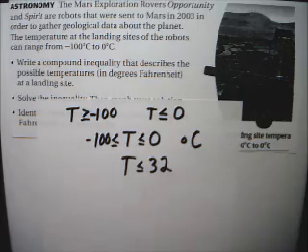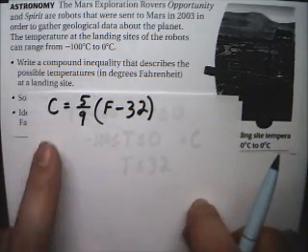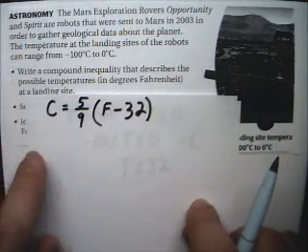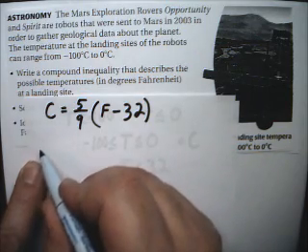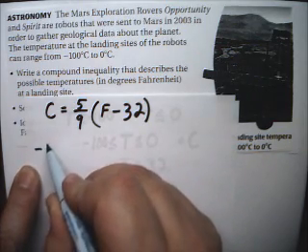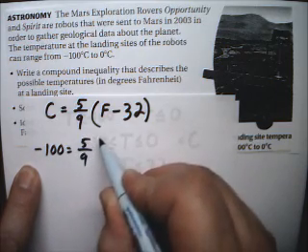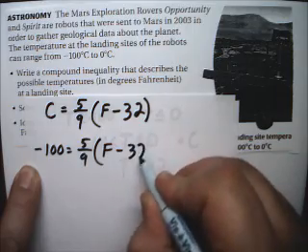And they do give us the formula in the book. They say this is the formula. This is degrees Celsius, and this is the degrees Fahrenheit. And the degrees Celsius we're trying to figure out is negative 100. So we have negative 100 equals 5/9 times F minus 32.